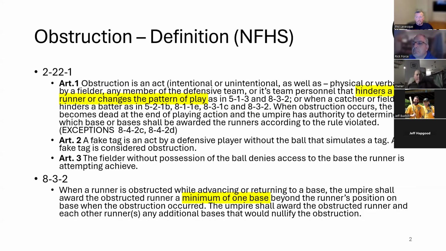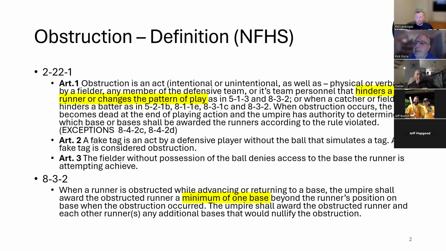He was denied access to the base. That is clearly hindered, right? He was hindered in being able to return to first base. That's obstruction. And then by rule, we have to give him a base. It's not about fairness and putting him back on first. By rule, we have to give him a base. It's being played on, basically, is the difference, because there was a play.